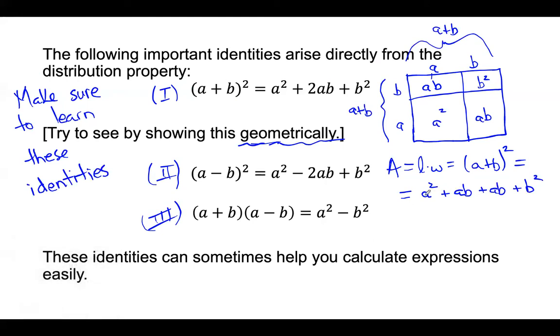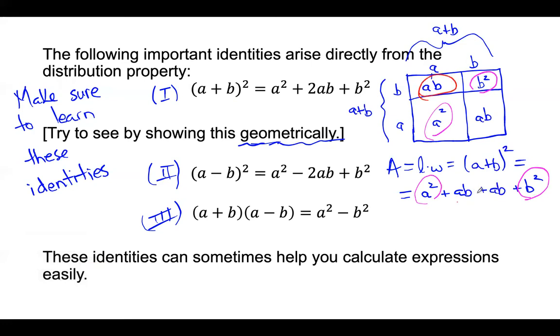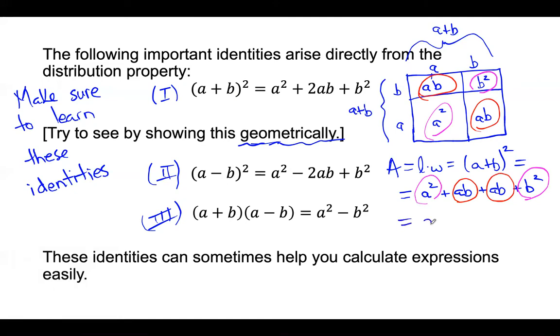Well, we see the A squared comes from here, and the B squared comes from here. And the AB comes from this one, and there's another AB over here. So we're just adding up the areas. So A squared plus, there's two of these, 2AB plus B squared. So we've shown it geometrically.